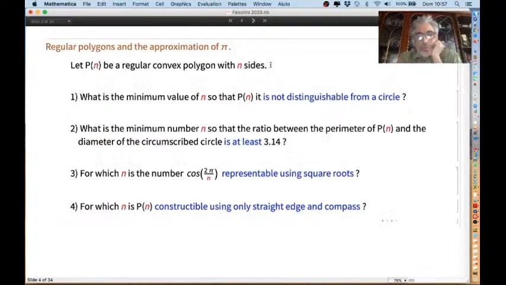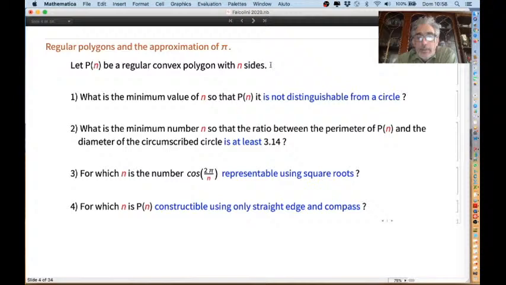Now let's go to some specific questions that I will try to answer during this talk. So let Pn again be a regular convex polygon with n sides, equal sides. The first question is, what is the minimum value of n, so that Pn is not distinguishable from a circle? The second question is, what is the minimum number n, so that the ratio between the perimeter of Pn and the diameter of the circumscribed circle is at least 3.14?